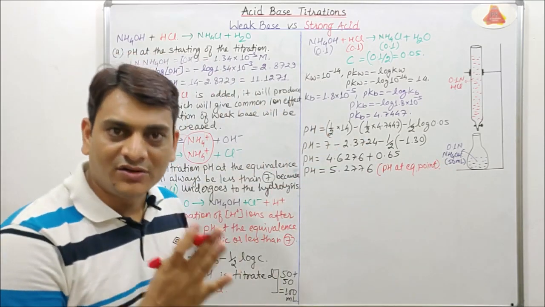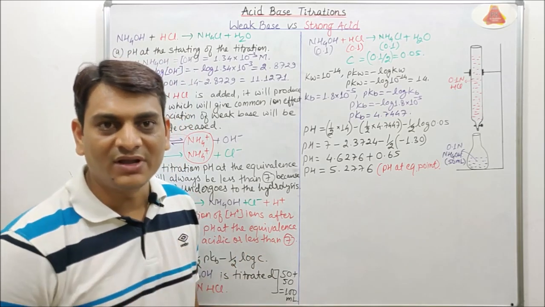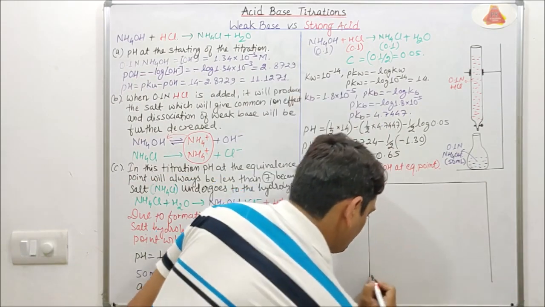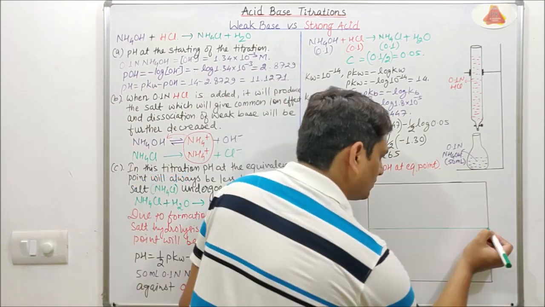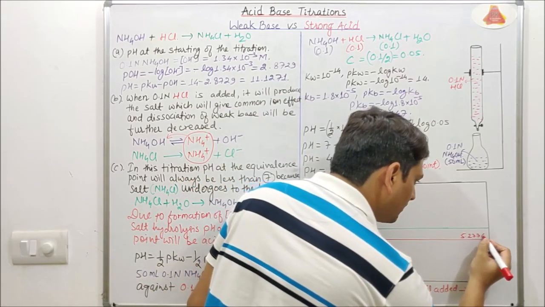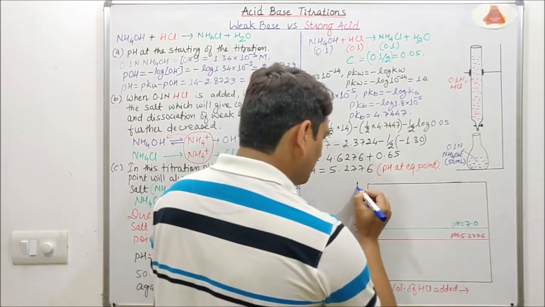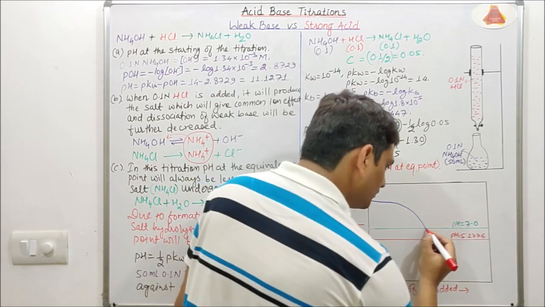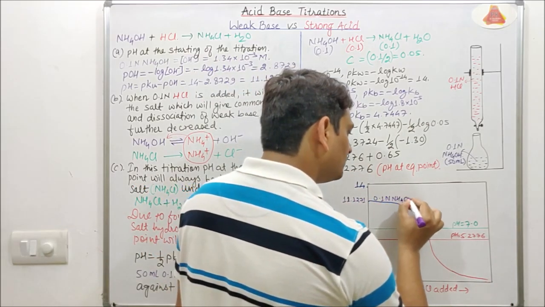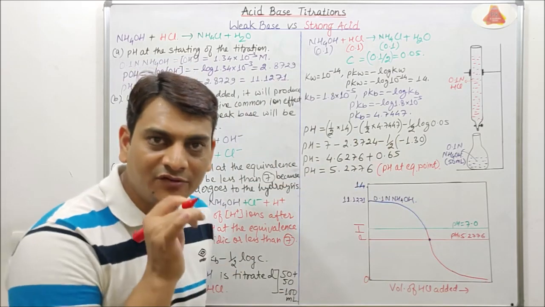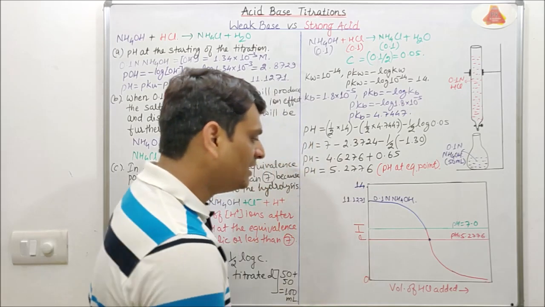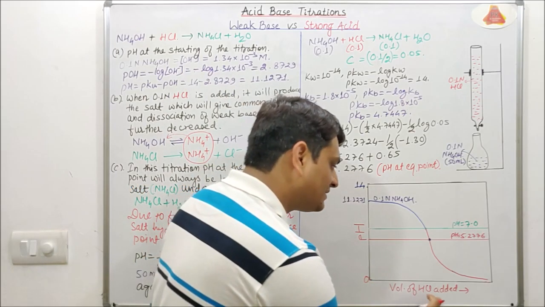Now coming to the titration curve for weak base versus strong acid, so it will be like this. So this is the titration curve for weak base versus strong acid, and here you can see that in y-axis we have taken pH, in x-axis we have taken volume of HCl added.